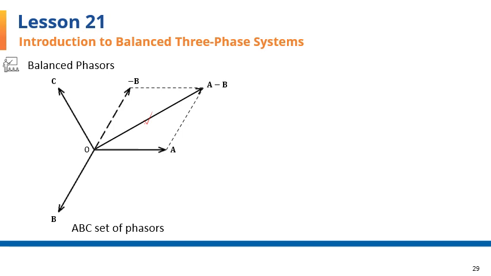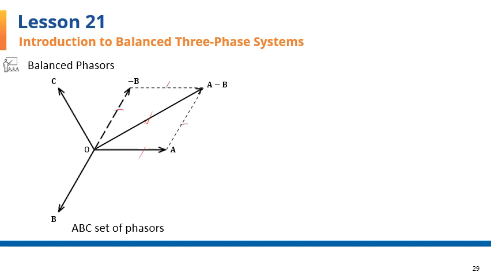Let's find the phase angle and magnitude of this A minus B. First, notice that this parallelogram that was constructed over A and negative B is actually a rhombus, a special case of a parallelogram, because all four sides are equal in length.